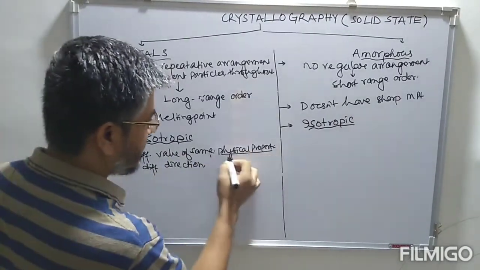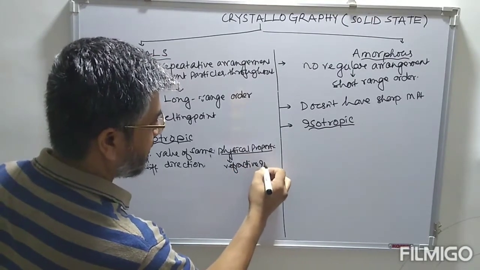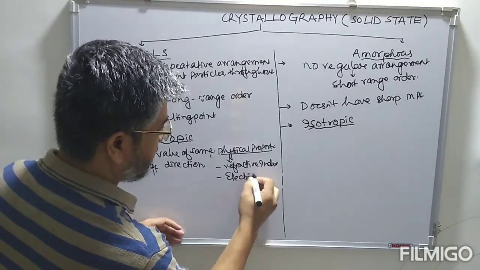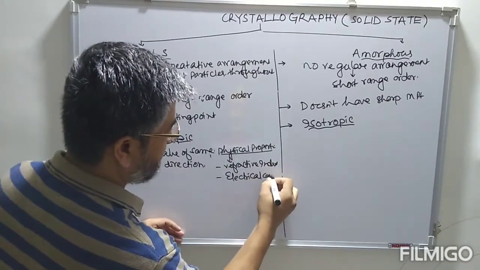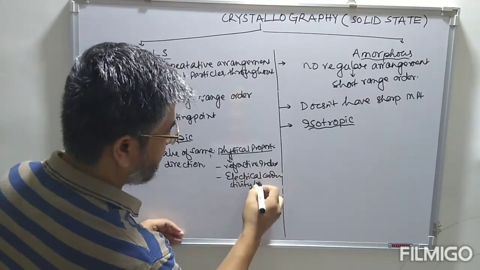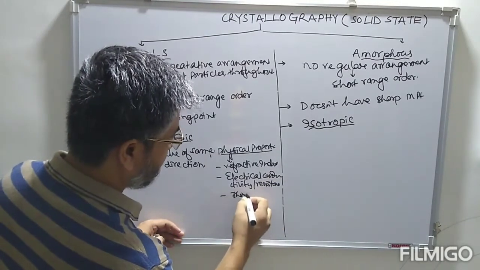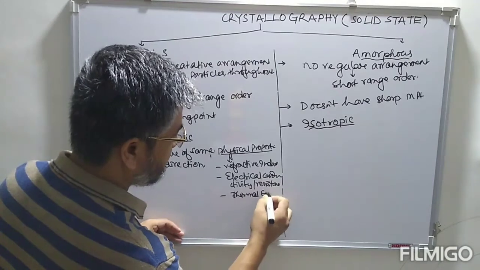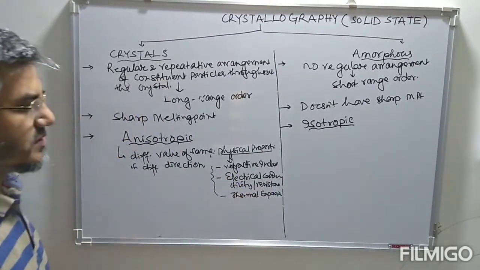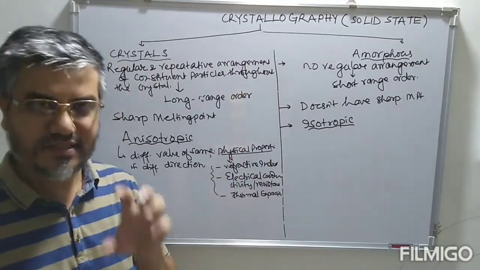So the physical properties may be refractive index, electrical conductivity or resistance, or thermal expansion, etc. So these physical properties, when measured in different directions, show different values, though the crystal is the same.